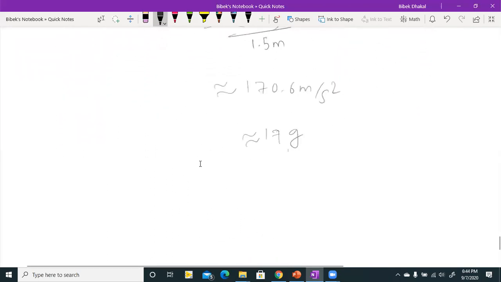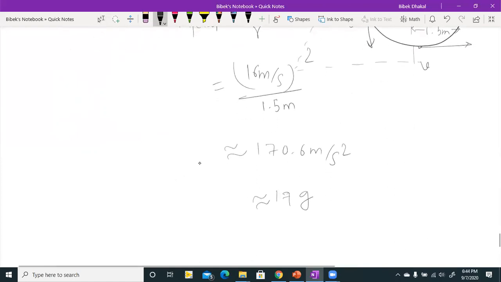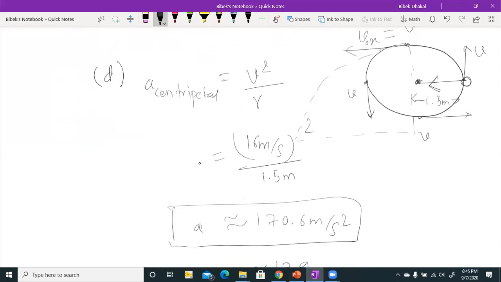So do you have any question? We're done with number D. Yeah, I have a question. Would it be okay to find the centripetal acceleration using the unrounded version of the velocity? Unrounded means?